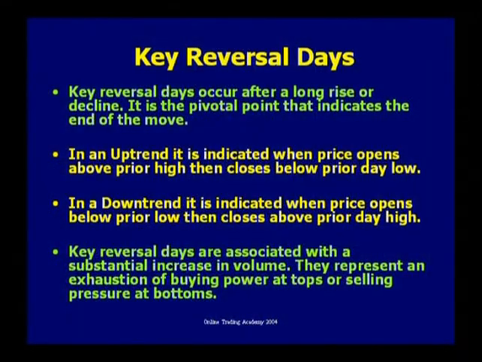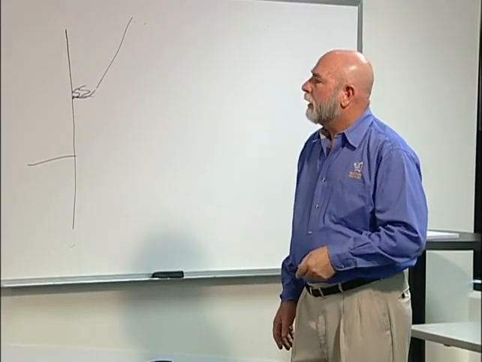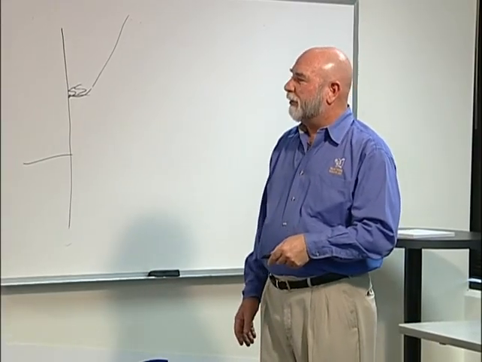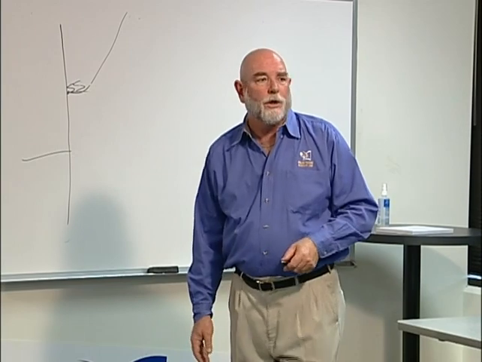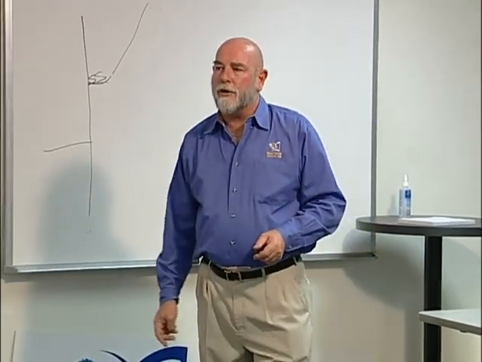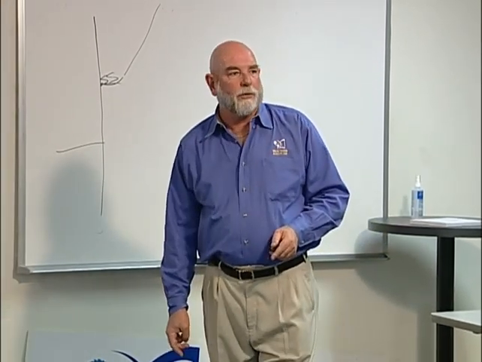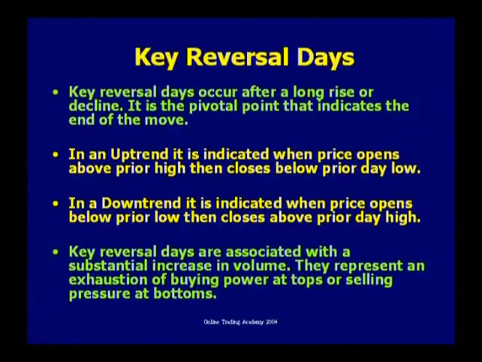In a downtrend, it's just the opposite. We expect it to go down lower, but it closes higher. Key reversal days are associated with substantial increase in volume. Would our average morning volume help us here? Oh, yeah. Absolutely, okay. They represent an exhaustion of either buying power or selling pressure.